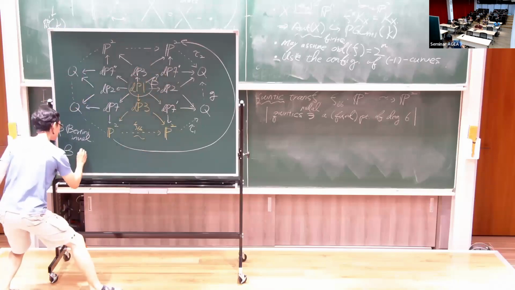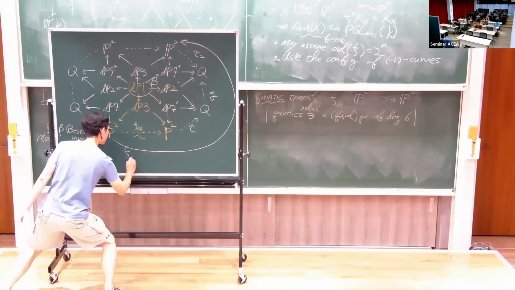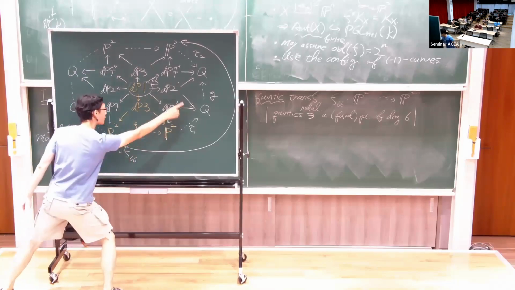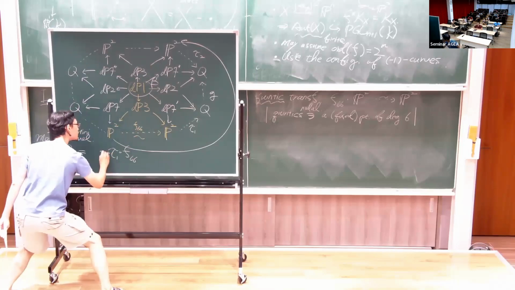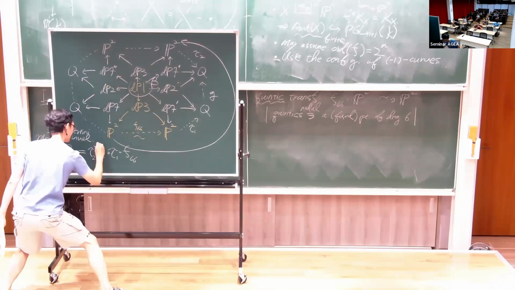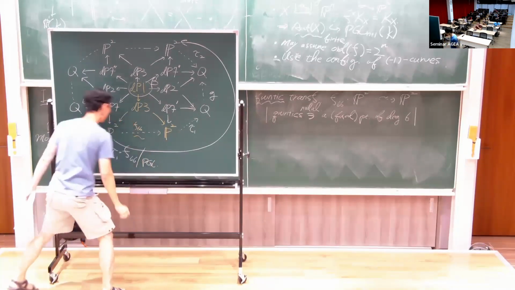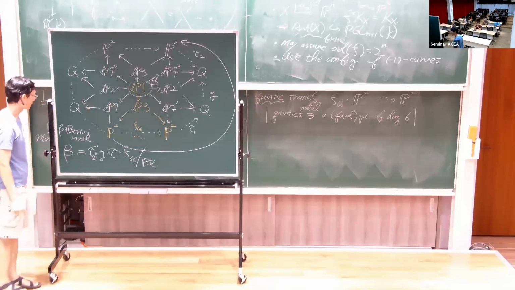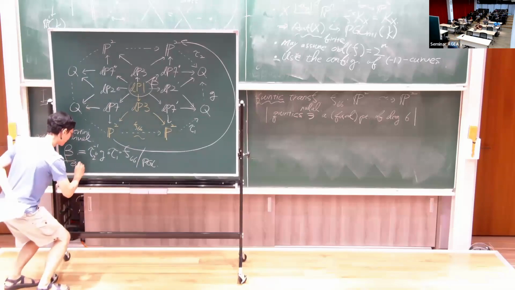So from this picture, you can write beta as F6 composed with tau1, composed with G, composed with tau2 inverse, maybe up to some projective transformation. And in our list, we know this guy is even.